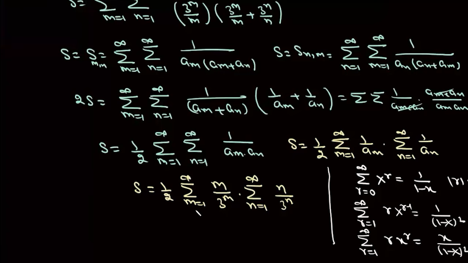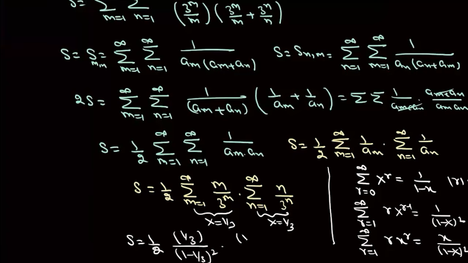Now for this one, x is 1 by 3, and here also x is 1 by 3. So this s will be this 1 by 2, and this is (1 by 3) upon (1 minus 1 by 3) square, and this also is (1 by 3) upon (1 minus 1 by 3) square.